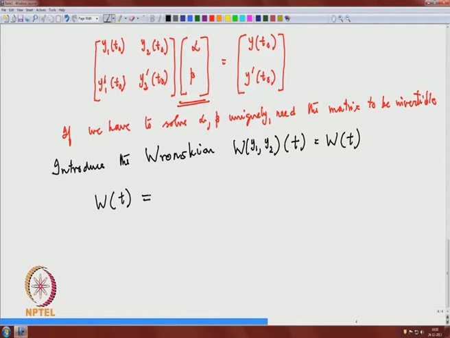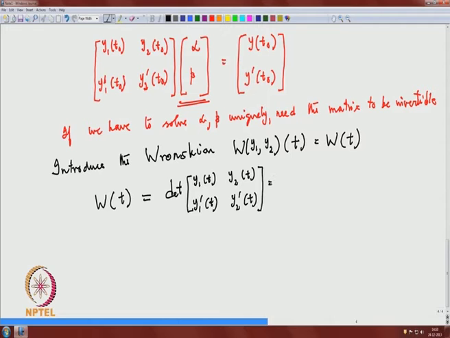So, what is your W(t)? W(t) is equal to the determinant of y1 at t, y2 at t, y1 prime at t, y2 prime at t.